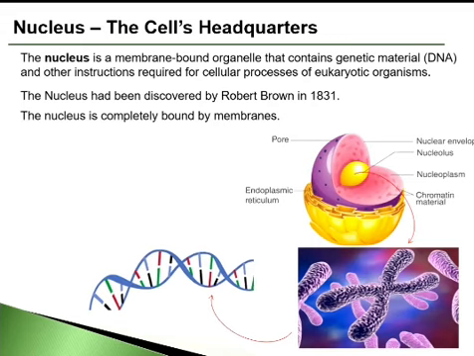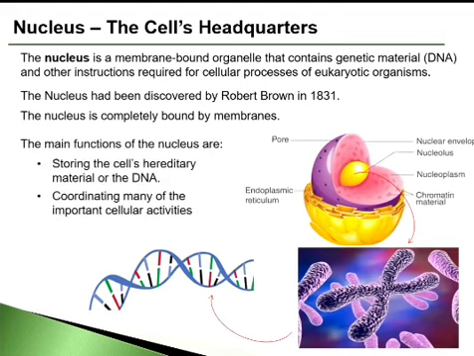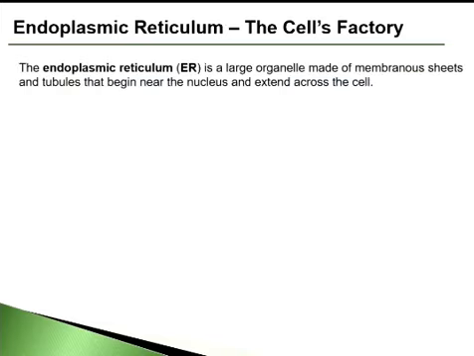Each of these double helices is composed of 4 nucleobases, namely adenine, thymine, cytosine, and guanine. The nucleus has mainly 2 functions: storing the DNA inside it and coordinating by sending signals to other organelles for performing cellular activities.